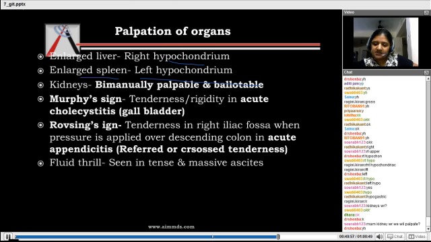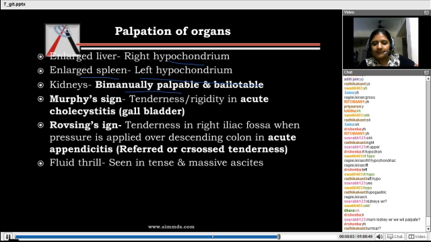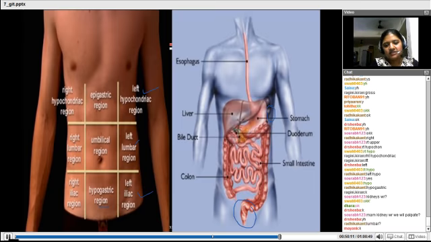Now kidneys. Yes, let's go to the kidney that you guys were asking about. It will be bimanually palpable and ballotable. It's on both the sides. Actually, it's bimanual, no doubt, but I think the palpation will have to be a little deeper, because if you're palpating superficially, you're possibly palpating just the intestines.